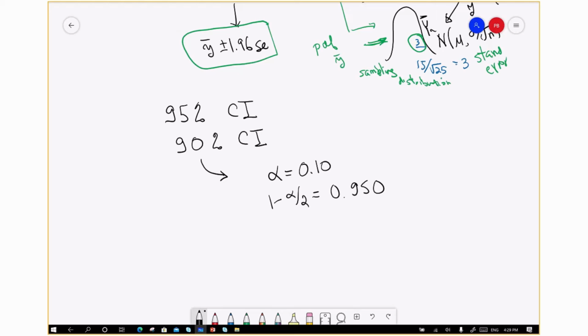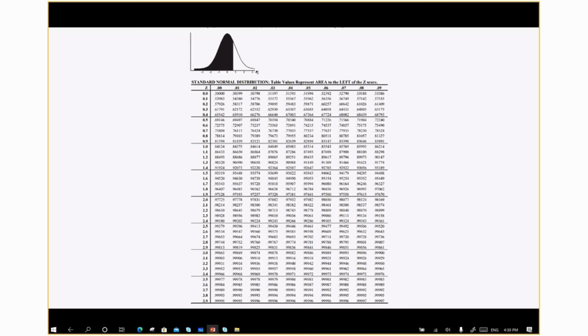So now we can go to our Z table and find the corresponding value of Z. The whole concept of a confidence interval is, if we come back here, we want some value here and here. So we've got 0.05 here, 0.05 here, and 0.9 here.